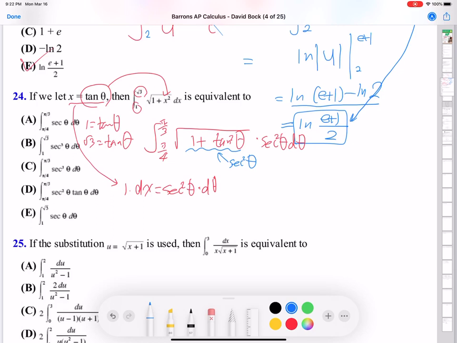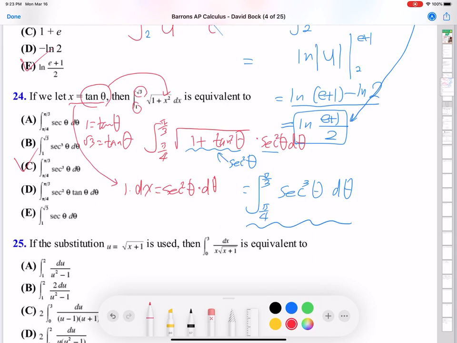The square root of secant squared theta is secant theta, so that is the integral from pi over 4 to pi over 3 of secant theta times secant squared theta, so secant cubed theta, d theta. You don't have to calculate it, just find that expression. Where is that expression? That's C. C has exactly the same expression. So C is the answer.